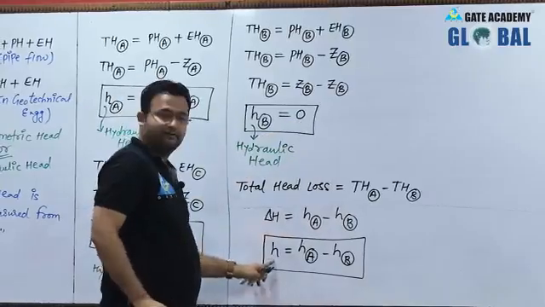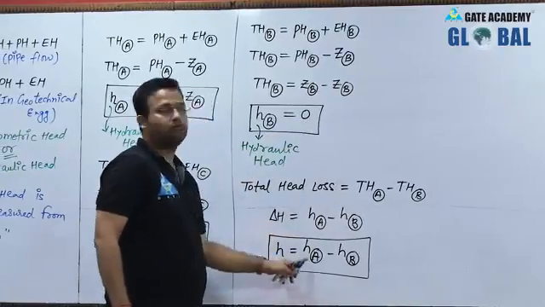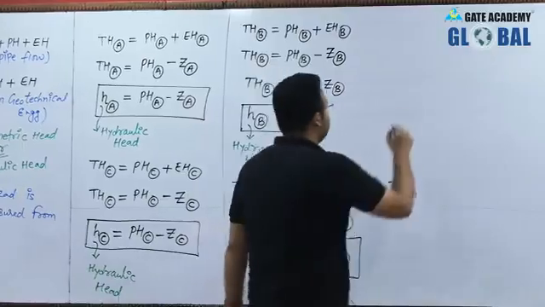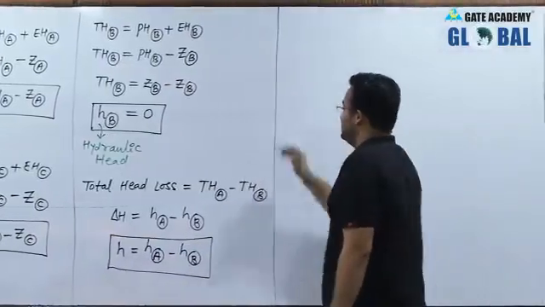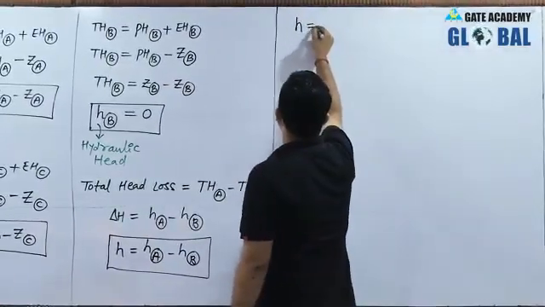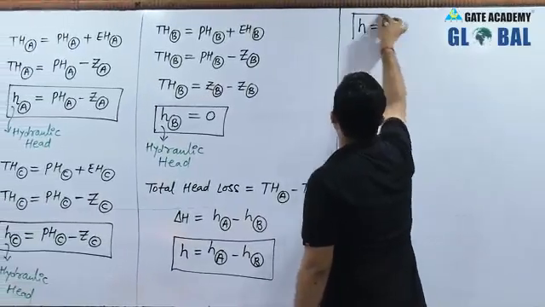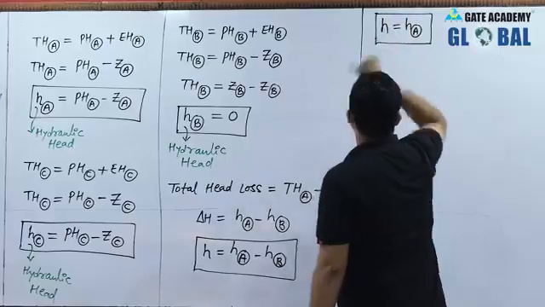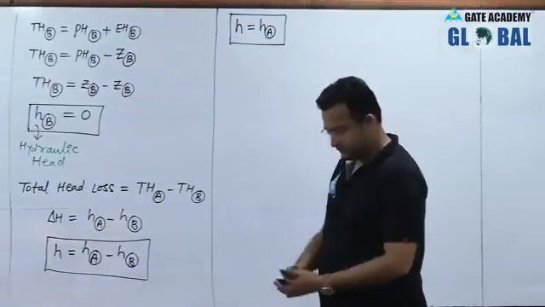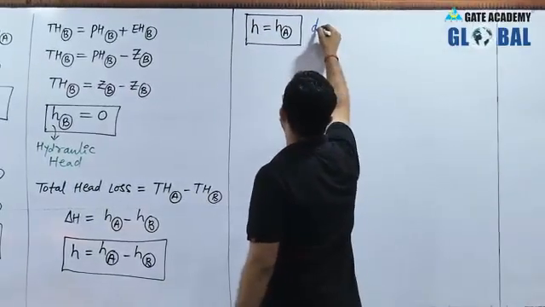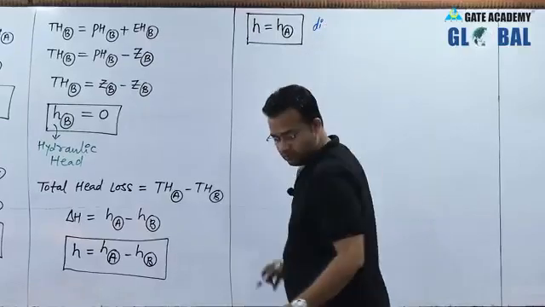So the head difference or the head loss will be equal to HA only. So here I can write the head loss is equal to the hydraulic head available at A also. This can be called difference in head.